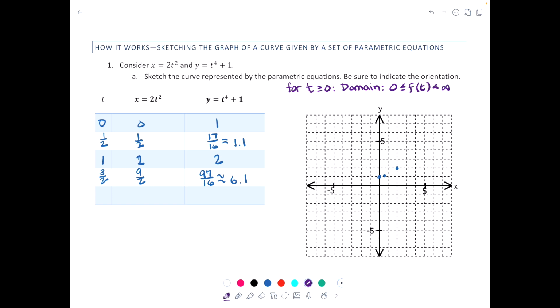So basically x has to be greater than or equal to 0. And the range, given that t starts at 0, will start at 1. So 1 is less than or equal to g at t, which is y, which is less than infinity. And so this is relating to domain and range of our plane curve.